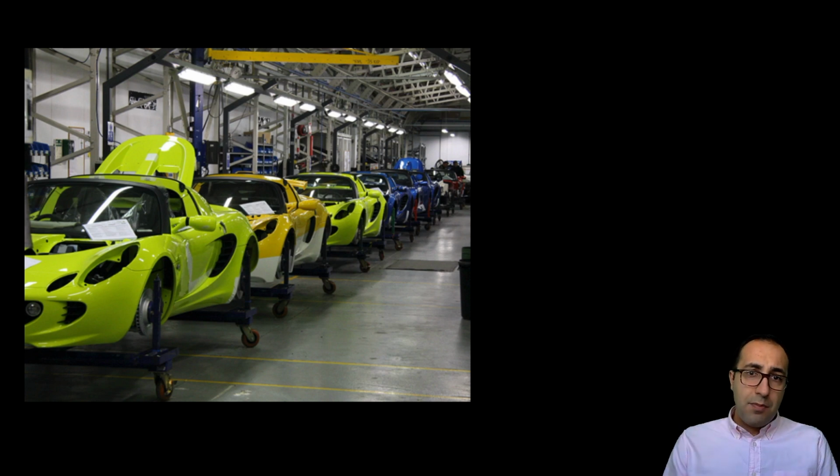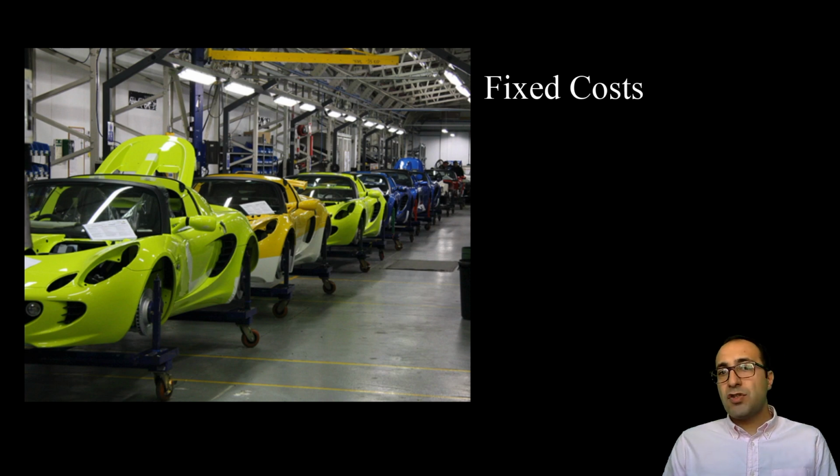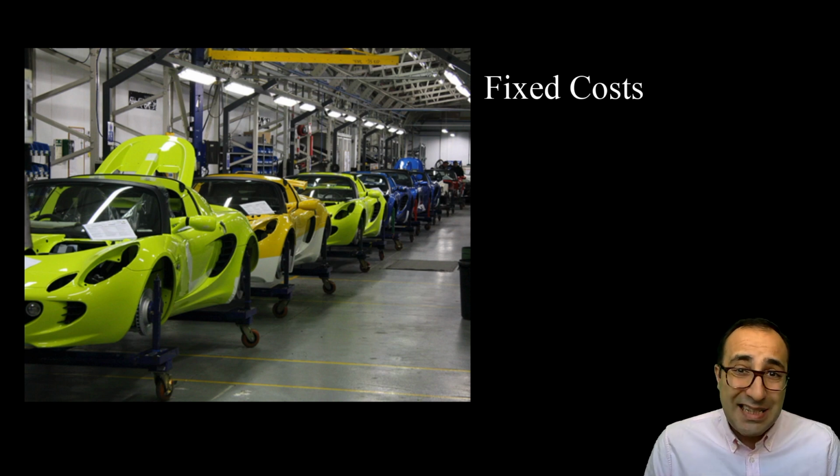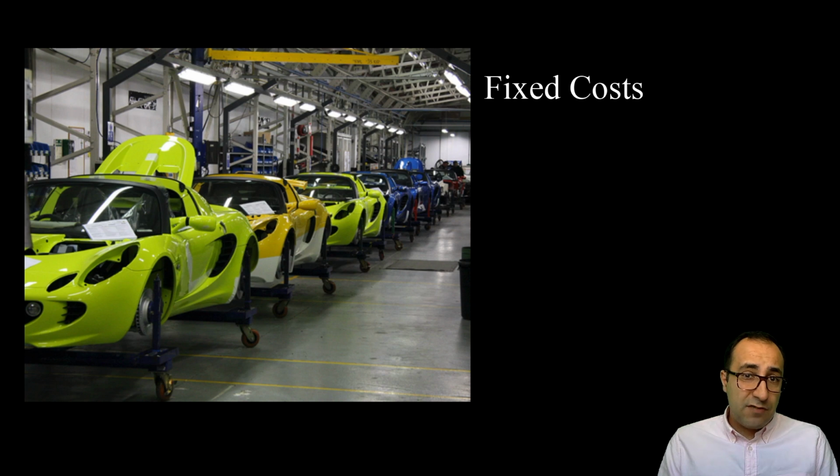The first type are the fixed costs, and as its name suggests, fixed costs are independent of the number of cars that this company produces. Examples of fixed costs are the research and development costs that go into designing new cars, or the advertisement cost of promoting a new car, or the cost of patenting a new technology that this firm is using to produce cars.